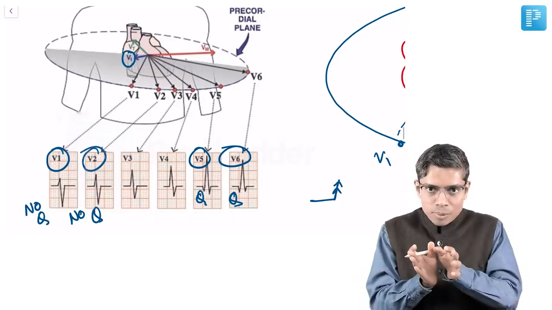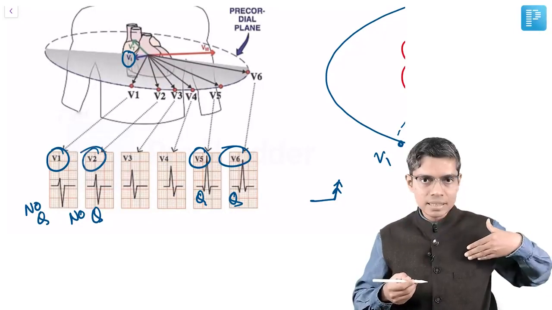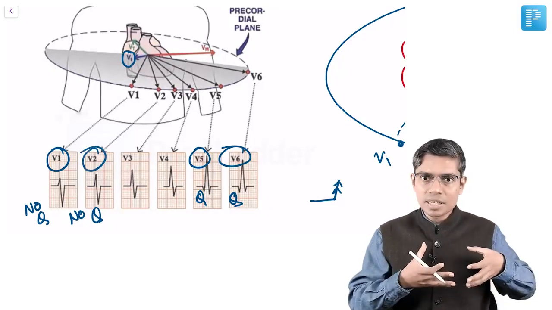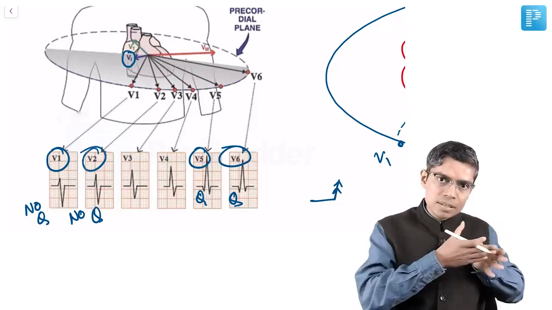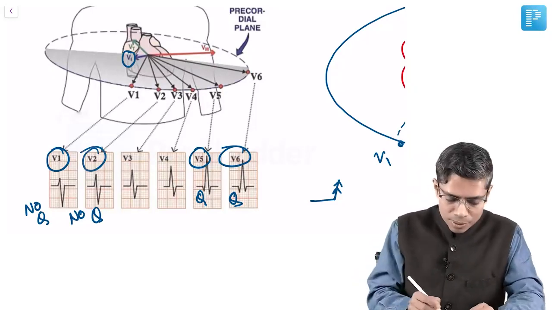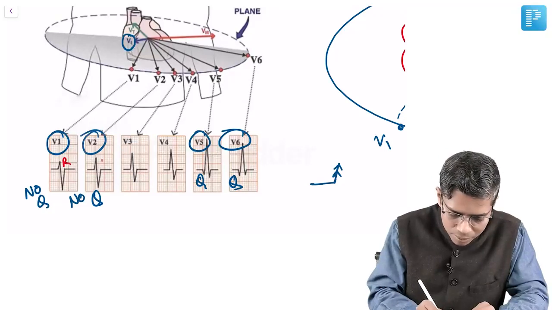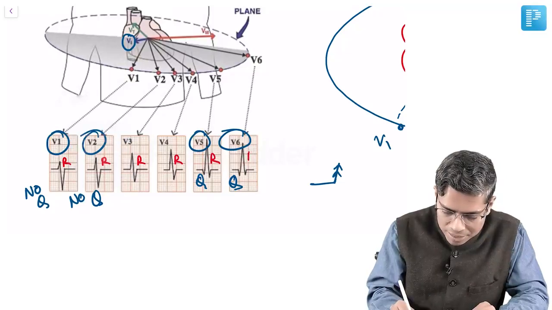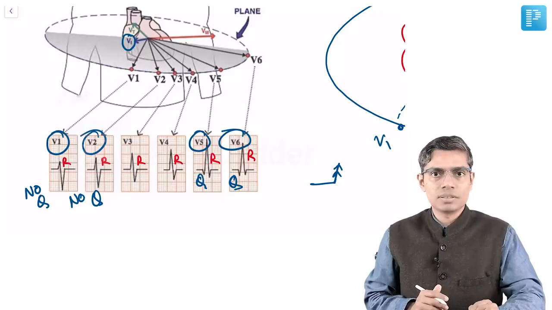And due to the movement of the voltage vector, the septal vector is from left to right direction, and then the ventricular muscle, when it is depolarized, the vector is moving towards the left. Because the voltage vector is moving towards the left, if you look at the positive wave or the R wave, the R wave is gradually increasing towards the left side of the chest wall.